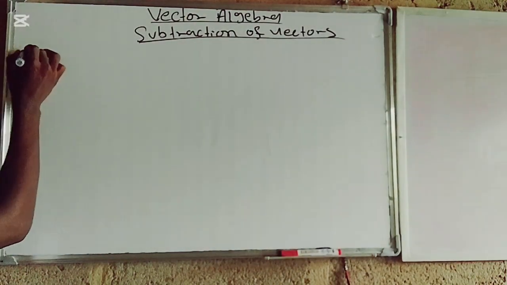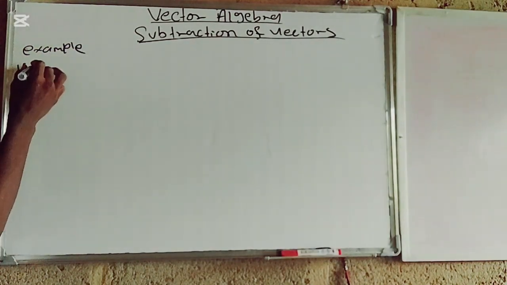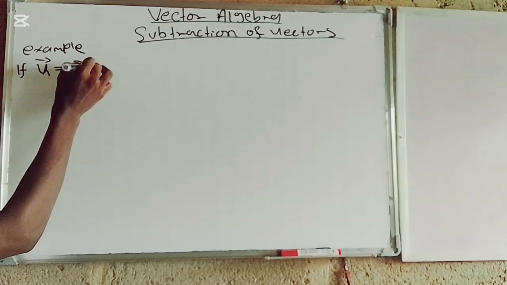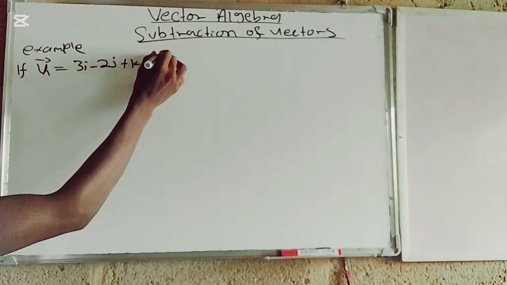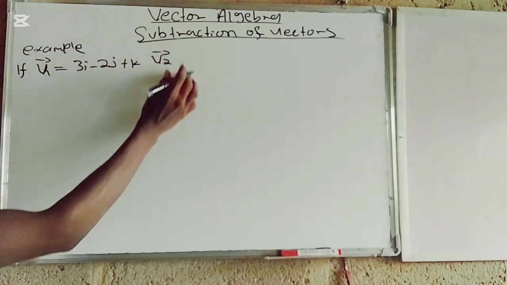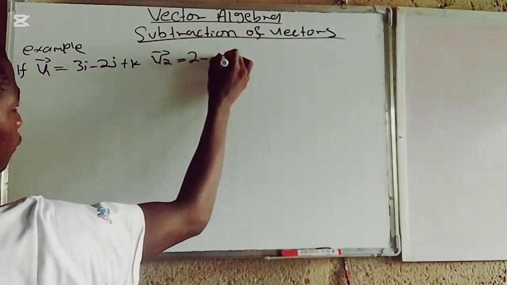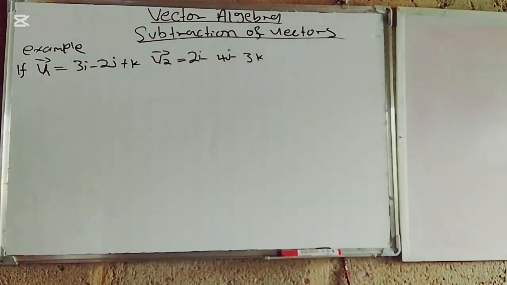Let's say vector 1 is the same thing as 3i minus 2j plus k, and vector 2 is the same thing as 2i minus 4j minus 3k.